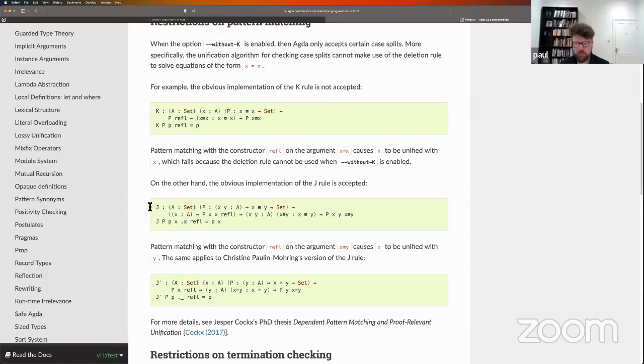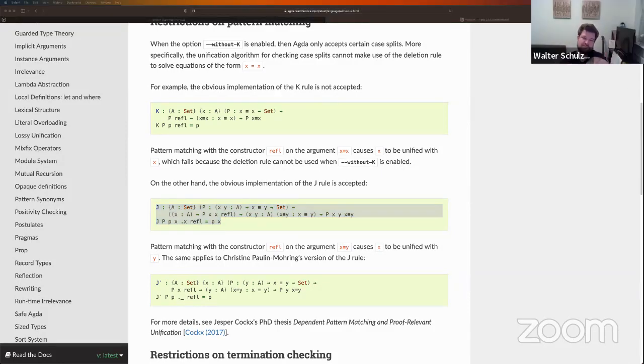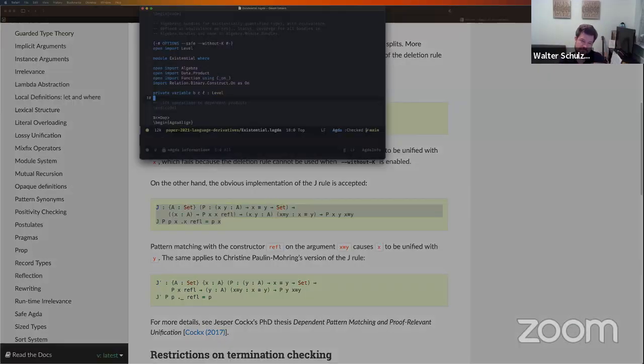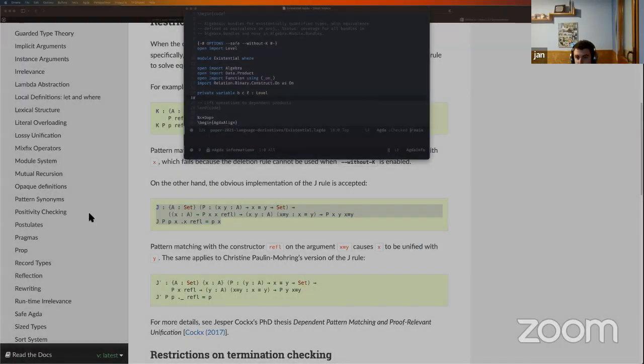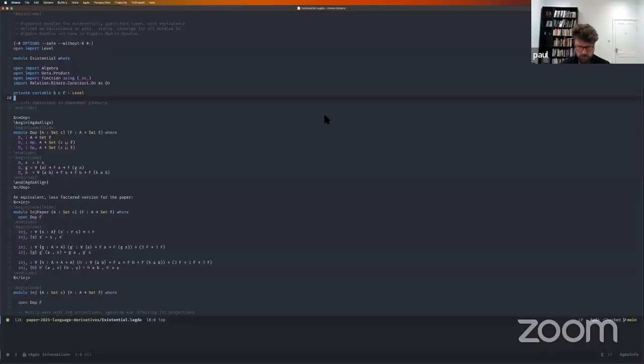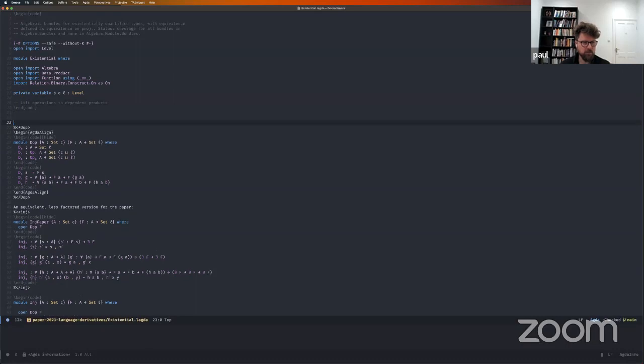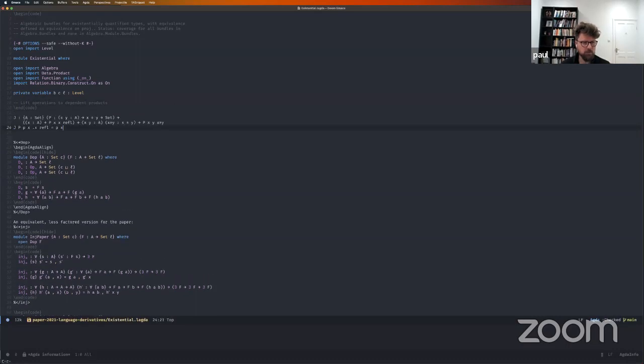If I just paste this into Agda and get rid of the dot, see what the error message says. It's going to complain that you have two patterns with the same name, on two variables. Maybe give it a different name. But we want it to be the same.